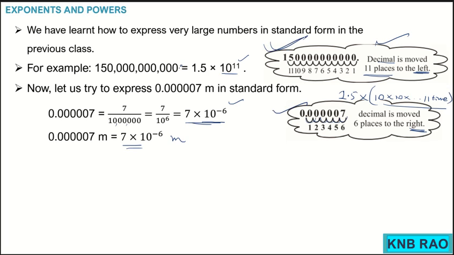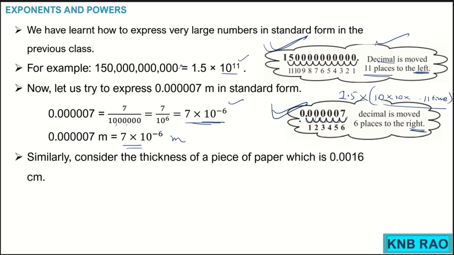So both are very important, expressing very large numbers and very small numbers in standard form. This is your previous learning. Now similarly, consider the thickness of a piece of paper, which will normally be 0.0016 centimeter.